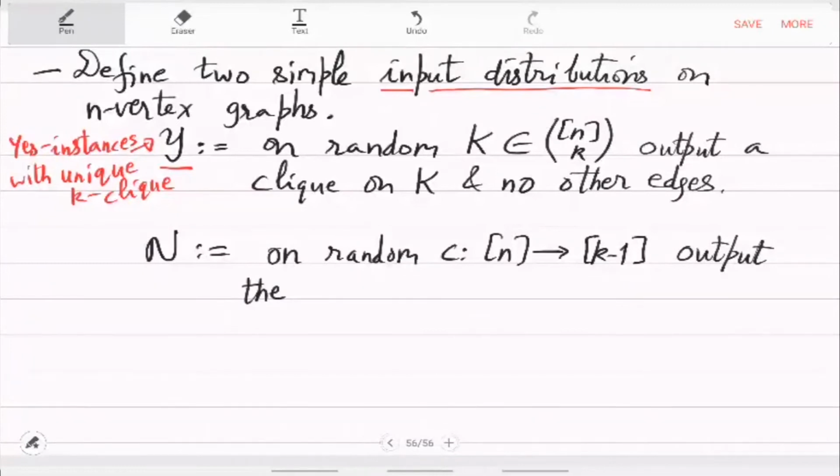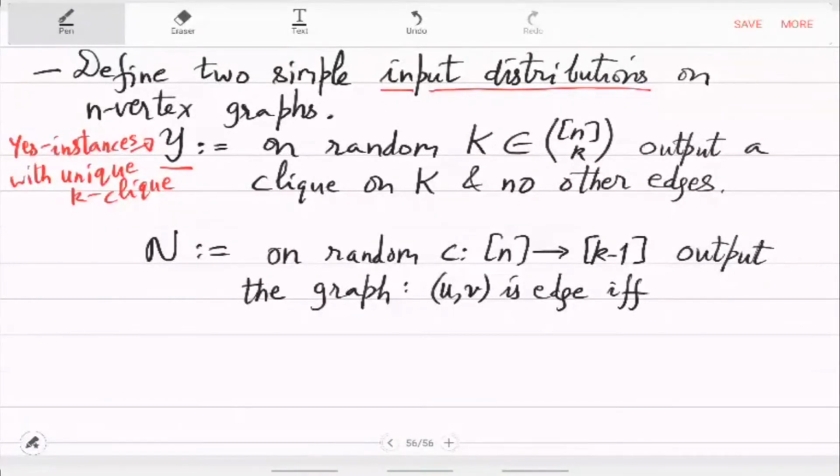And what is the graph that you define? So UV is an edge of the graph if and only if the labels are different. So basically you have these k minus 1 clusters, you join across.